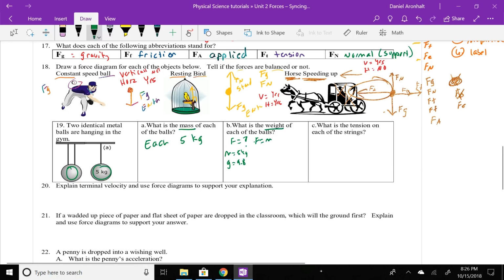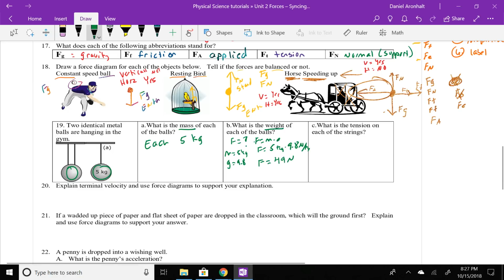F is going to equal M times A, so 5 kg times 9.8 newtons per kilogram. So the force, or the weight, is 5 times 9.8, a little bit under 50. It's going to equal 49 newtons.